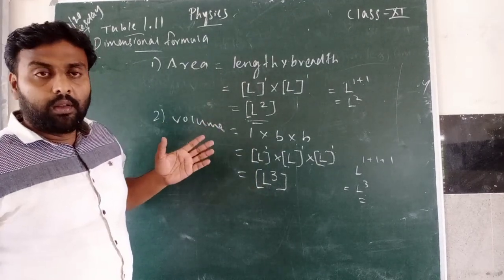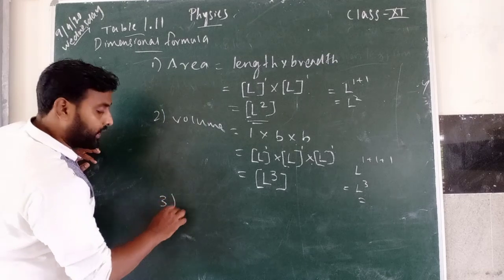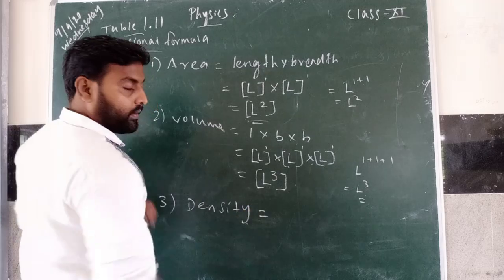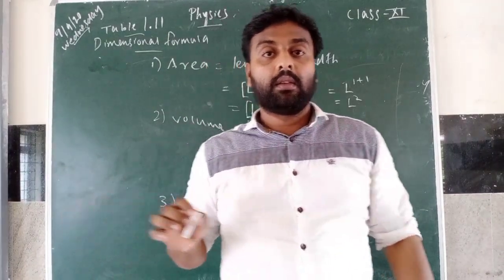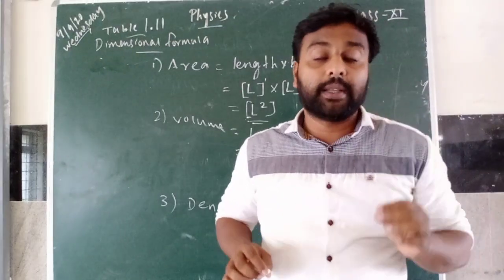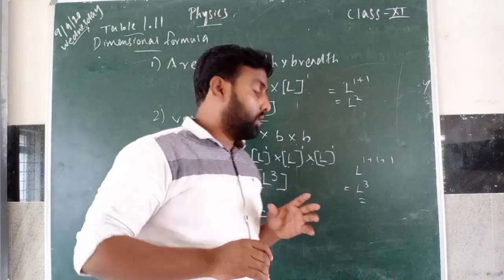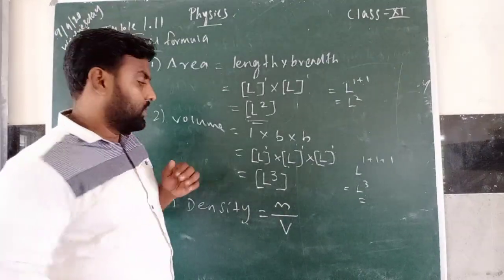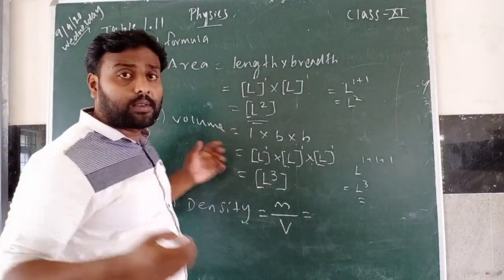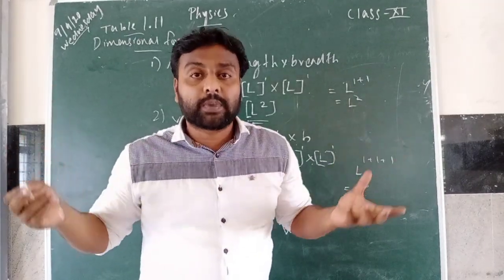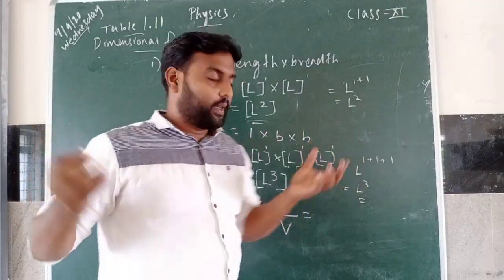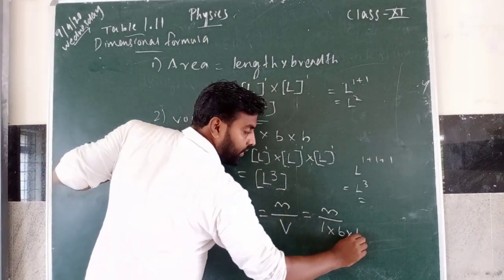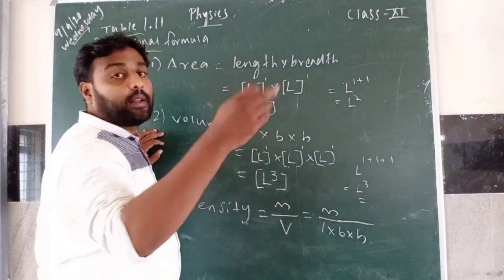Next example, density. What is the formula for density? Mass per volume. And the volume expression is L into B into H. So M divided by L into B into H. Now write the dimensional formula.